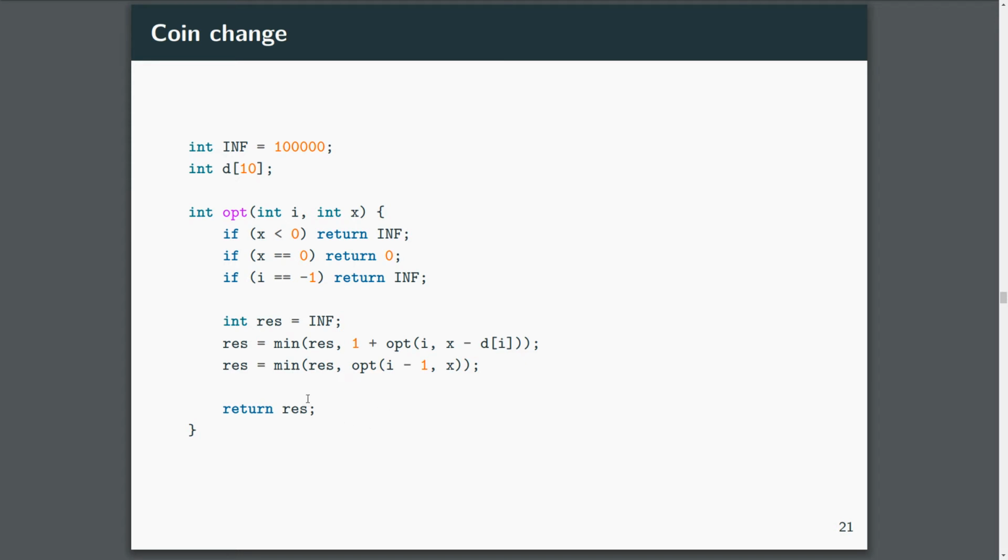Okay, and then we start with the result being infinity. So if one of these returns infinity, then our answer will still be infinity. We take the minimum over both possibilities.